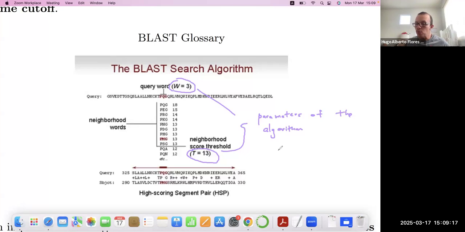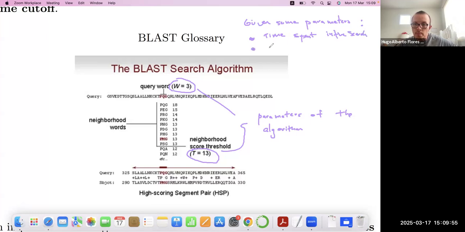So right now the idea is to understand, given some parameters, that our decision of the parameters will be based on time spent in the search.